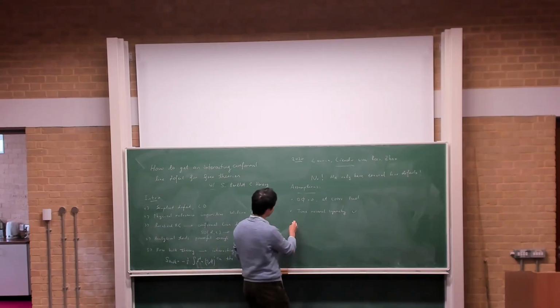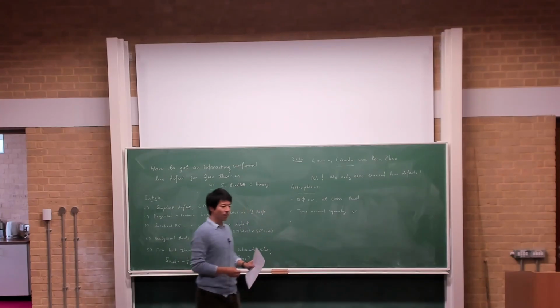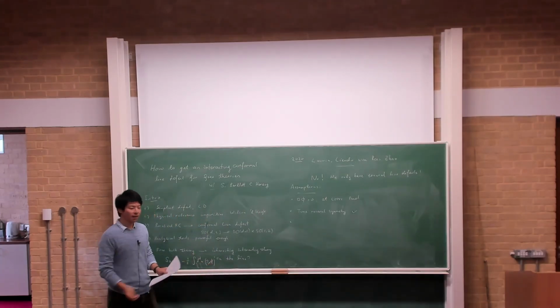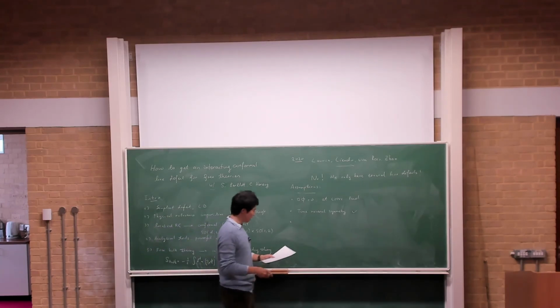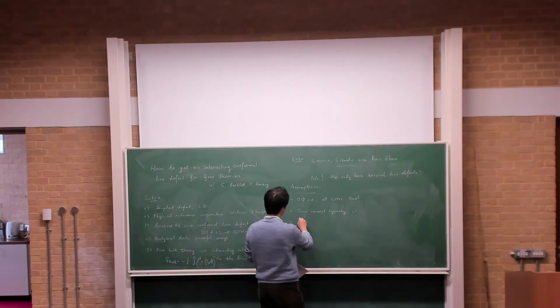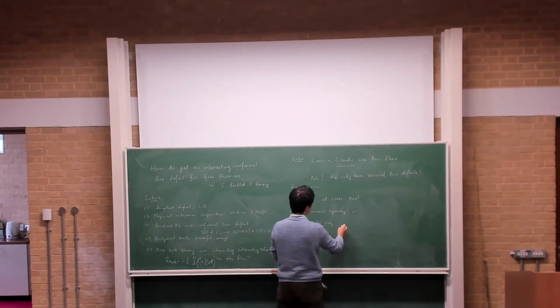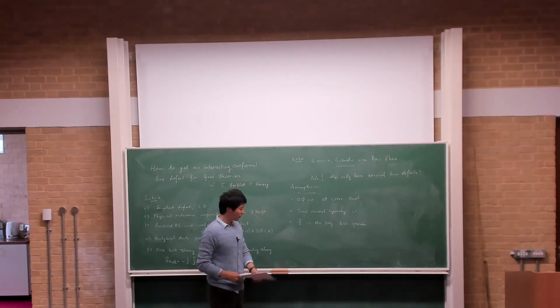And thirdly, when we do the defect OPE for the bulk scalar field, there are many channels in the defect, and they assume that the defect identity is the only weight zero operator, such that this ensures cluster decomposition.